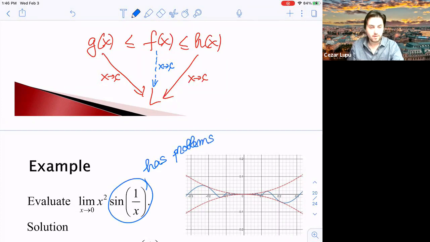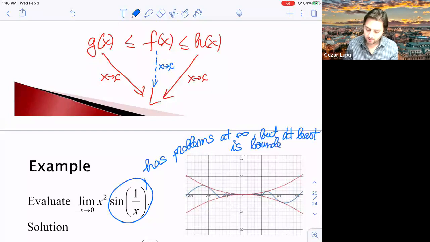But maybe we can squeeze this, but it has an advantage. It has problems at infinity, but at least it's bounded. The guy is bounded, which is great. So I can get rid of it.